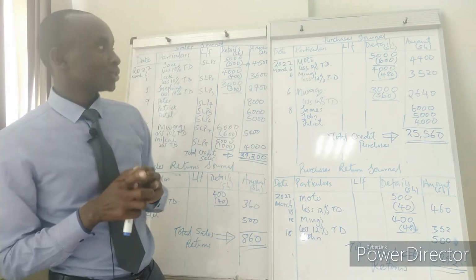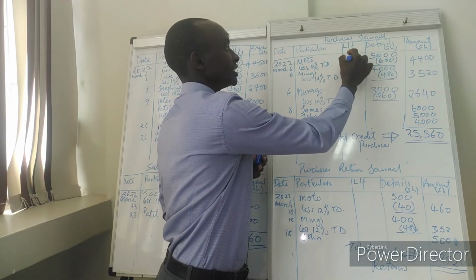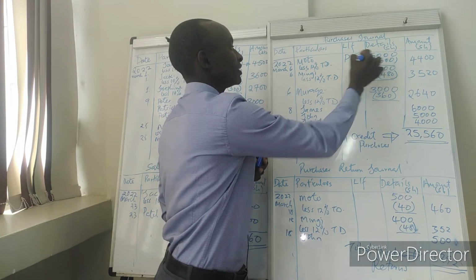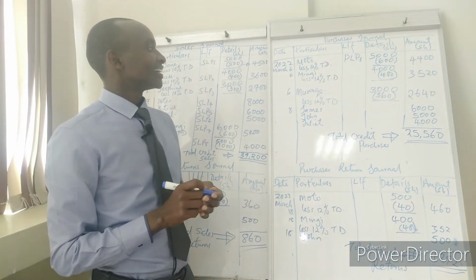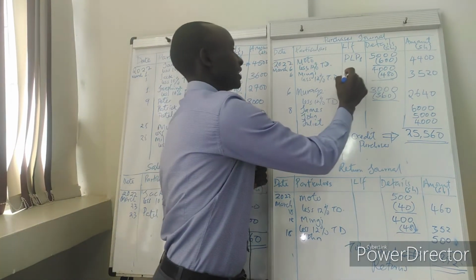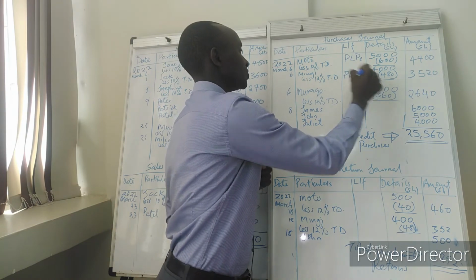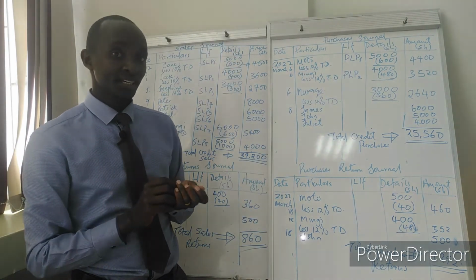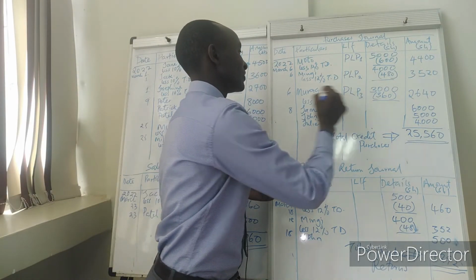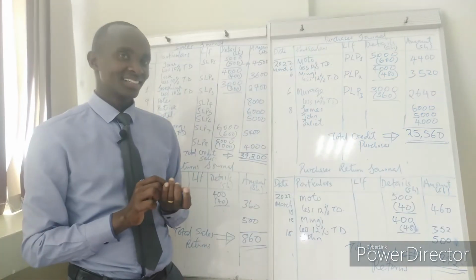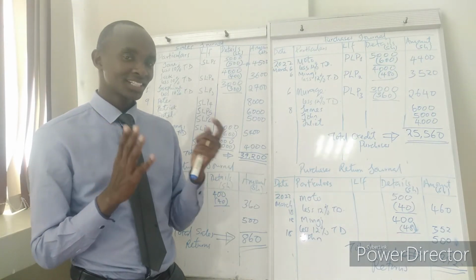So under the purchases ledger, page 1, we have an account of Moto. Under the purchases ledger, page 2, we have account of Mingi. And then purchases ledger, page 3, we have account of Morage. It's as simple as that. Are you getting the logic?